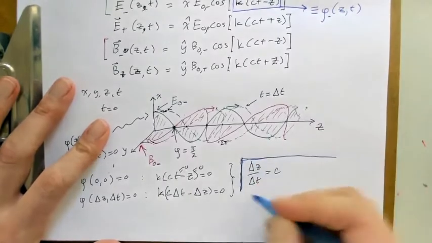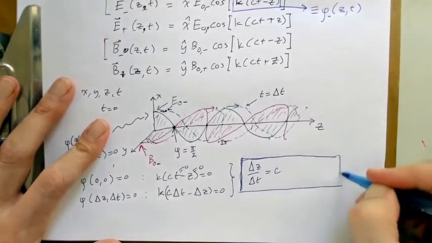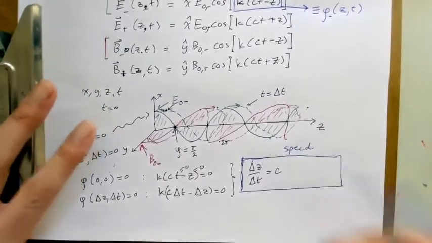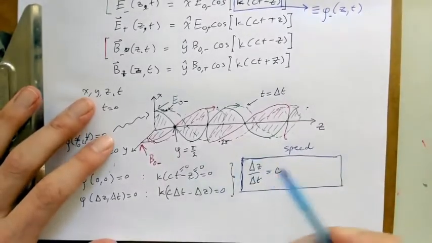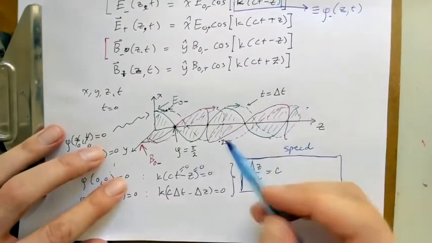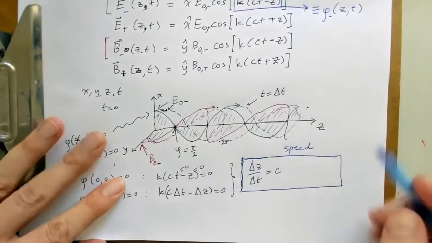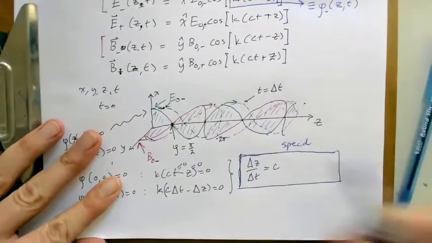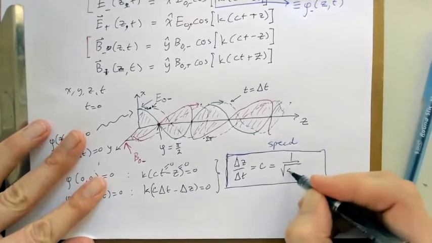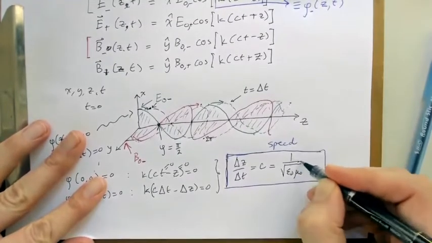And since we're tracking the phase, this is known as the phase velocity. There's also an amplitude velocity, but I don't want to get into the weeds here. And this is actually 1 over the square root of epsilon naught mu naught.